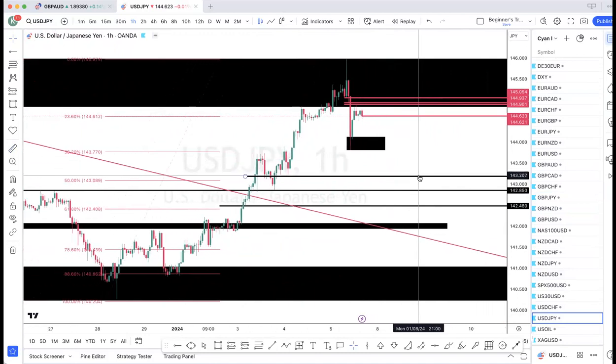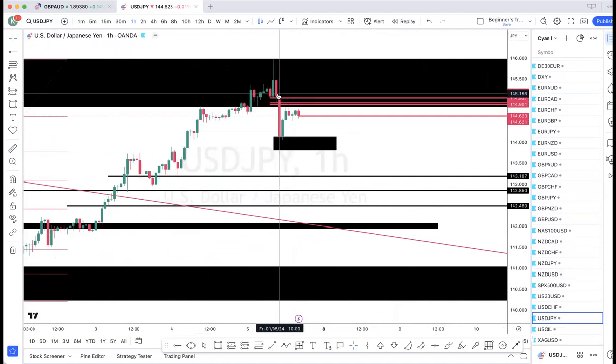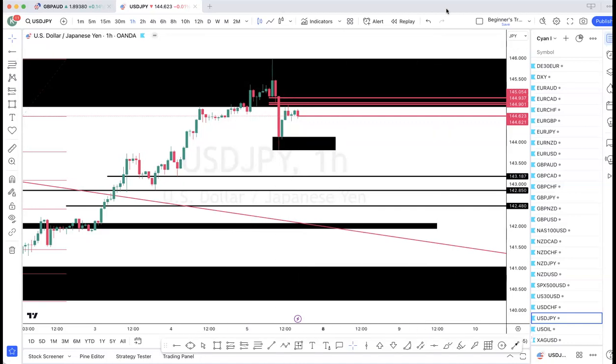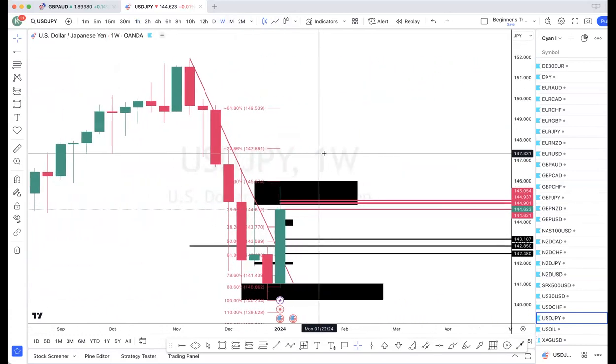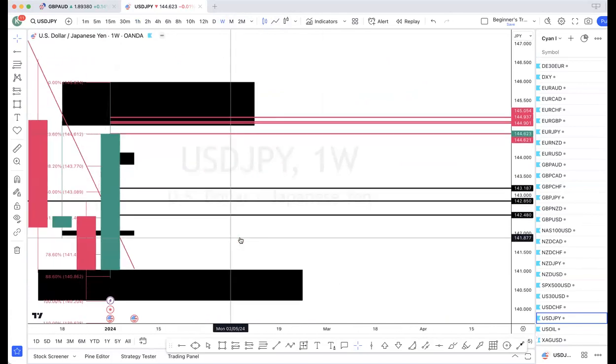So for UJ, we were saying that price has started breaking structure, got the impulse move down. So price is probably going to pull back. We have a weekly order block.